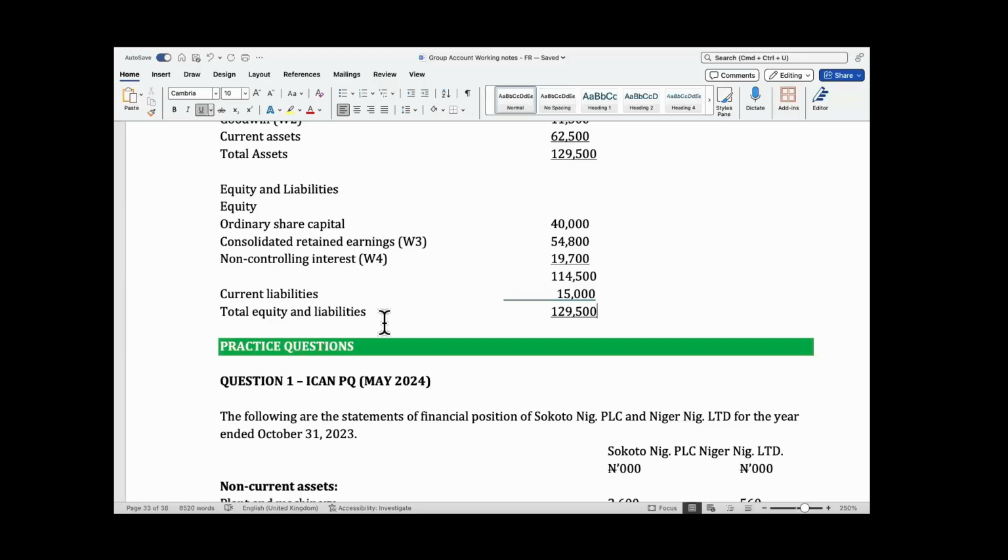Then published accounts, another whole weekend just to solve past questions on published. Then if there are any other revisions or theoretical discussions we need to make, we would also make time for that as well.